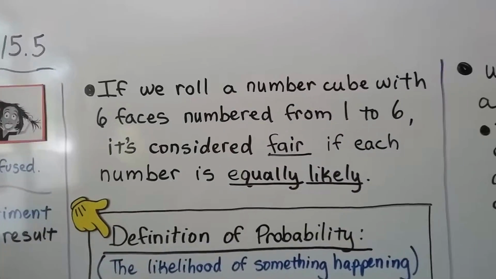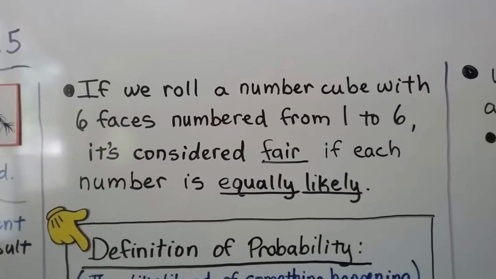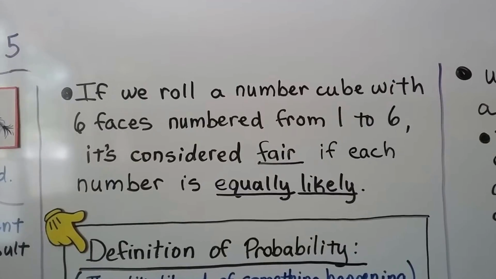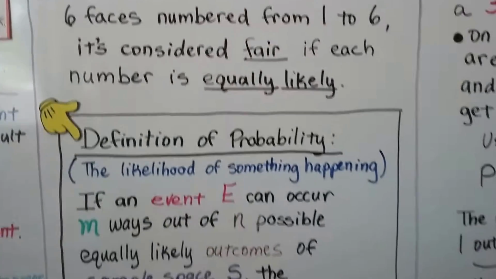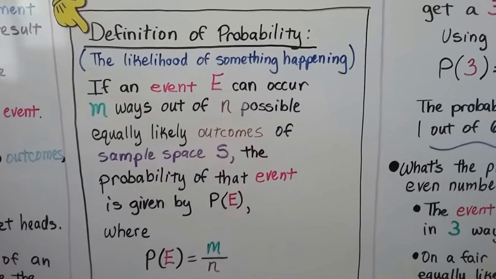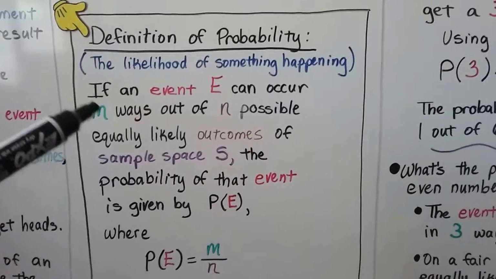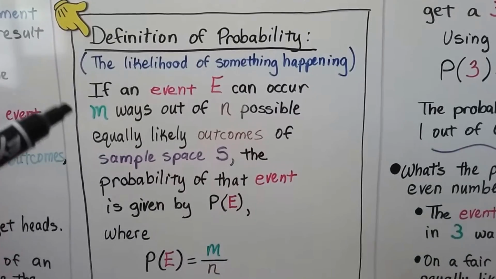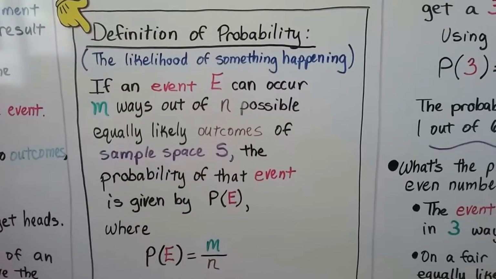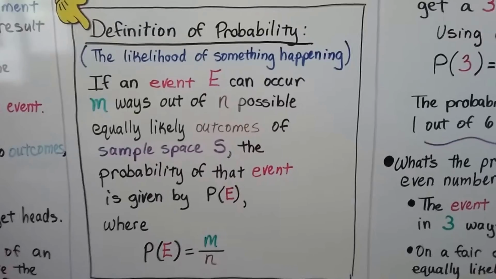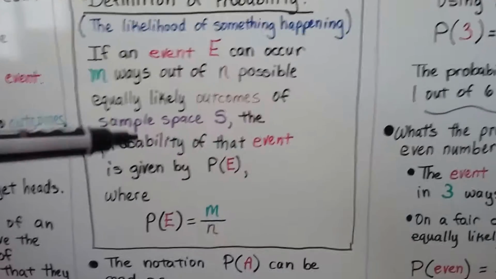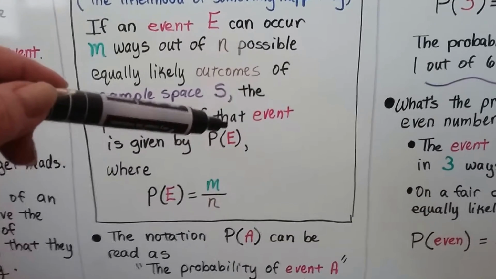If we roll a number cube, one die, with 6 faces numbered from 1 to 6, it's considered fair if each number is equally likely. So the definition of probability, we know it's the likelihood of something happening, but for the math, if an event E can occur m ways out of n possible equally likely outcomes of sample space S, the probability of that event is given by this capital P with an E in parentheses.